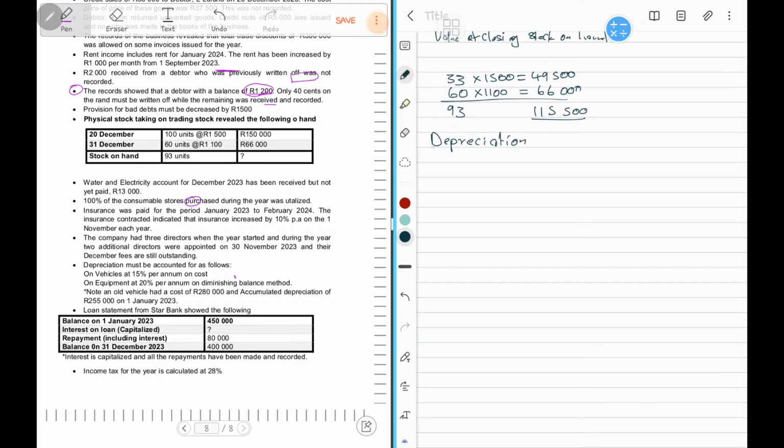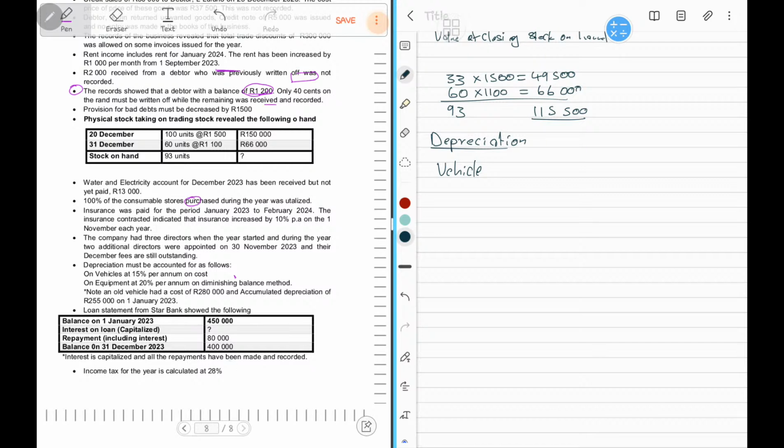So I'm going to start with the depreciation for vehicles. Now remember, earlier on I said, when will the 1 rand rule apply? The 1 rand rule will apply when the calculated depreciation is greater than or the same as the carrying value at the beginning of the year.